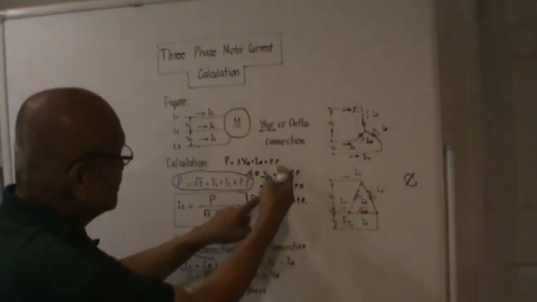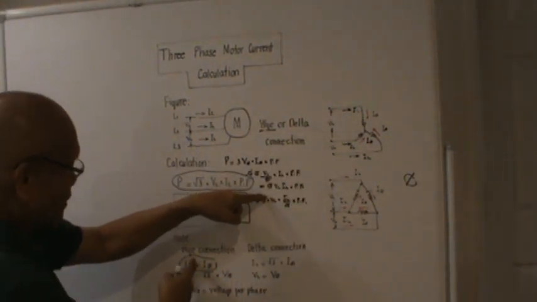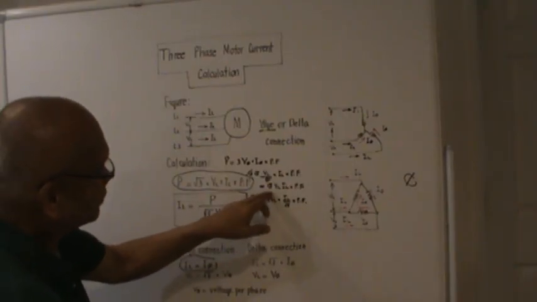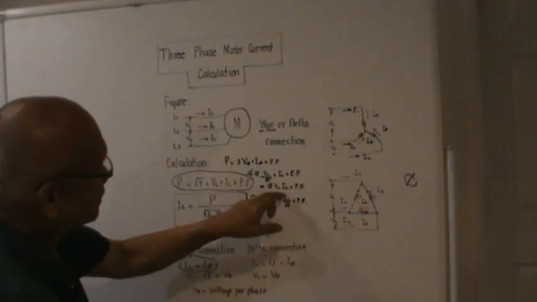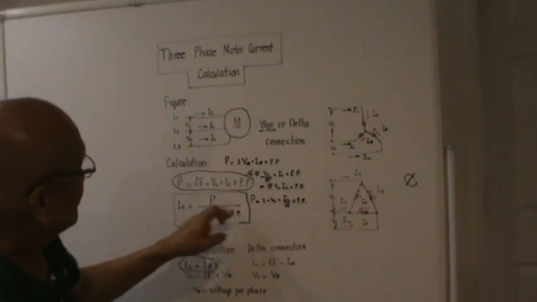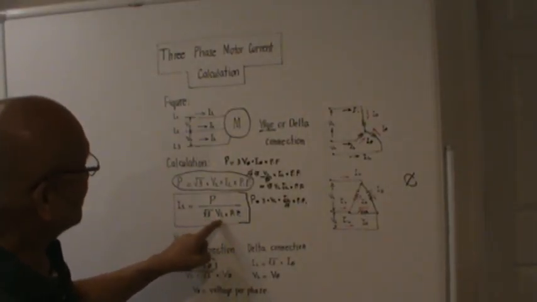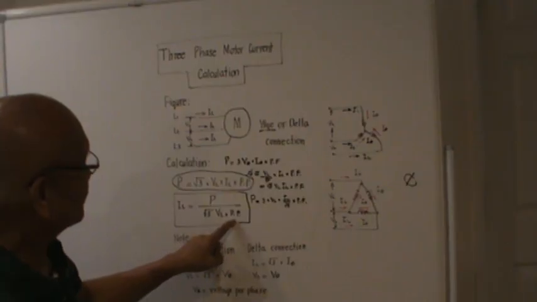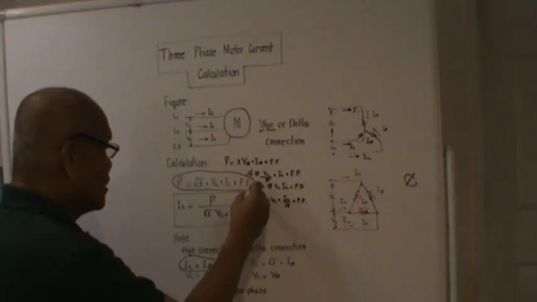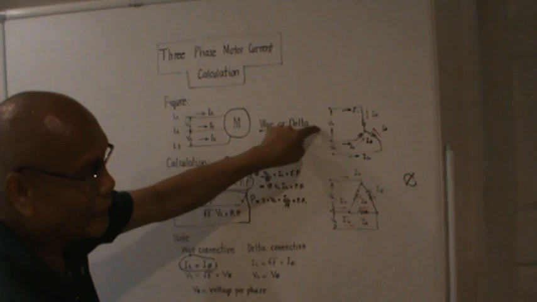I've shown you the derivation, using the relationship of the line current and phase current and the line voltage and phase voltage: square root of 3, voltage line to line, I line times power factor. So to compute for the line current, it will be total true power over square root of 3, voltage line to line times power factor. This is the general formula on how to compute for the line current if the connection is Y.